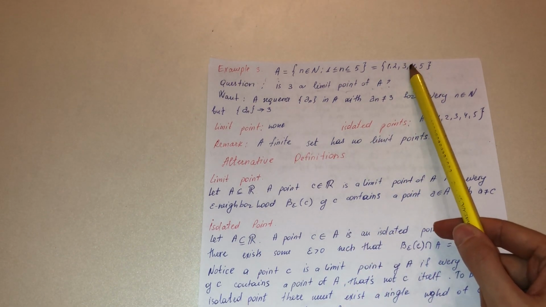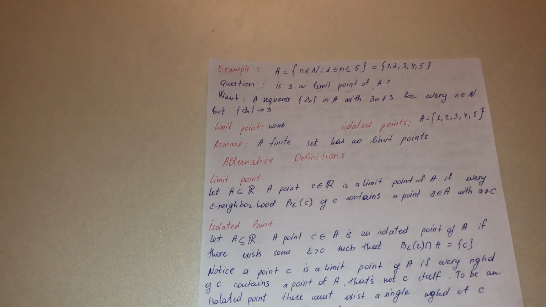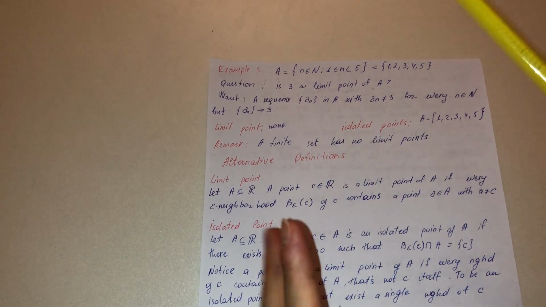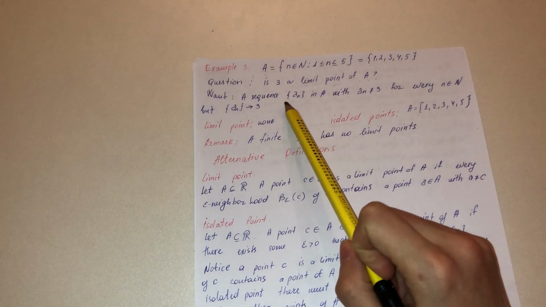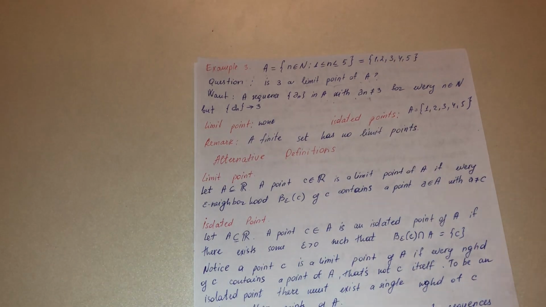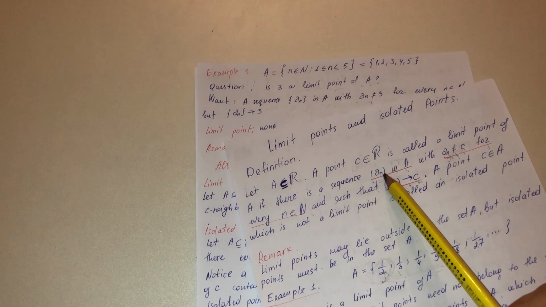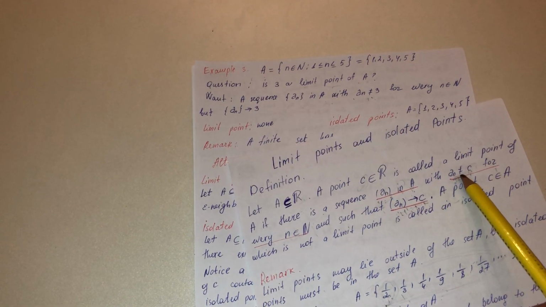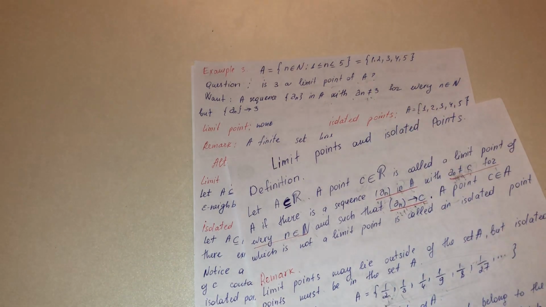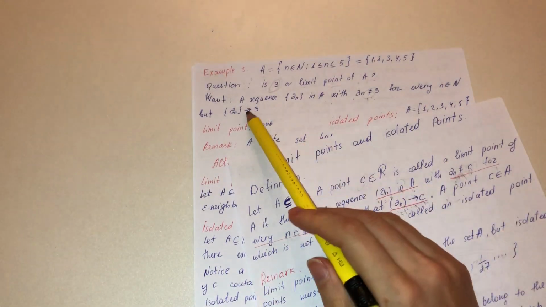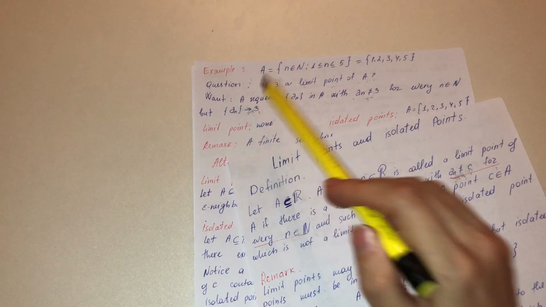We want to find a sequence delta n in A. Delta n, first rule, should be from A. Delta n should not be equal to the limit point 3, but it should converge to 3.